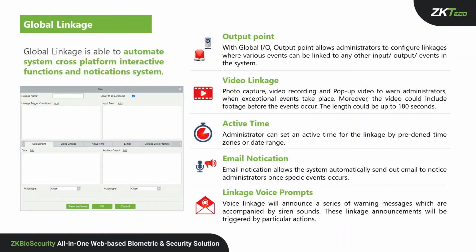Global linkage. Global linkage is almost the same as global anti-passback. Global means it works across different controllers and different devices, not only the same device. In the global linkage, the settings are the same. You also have video linkage, output point, timing, email notifications, linkage, and voice prompt.